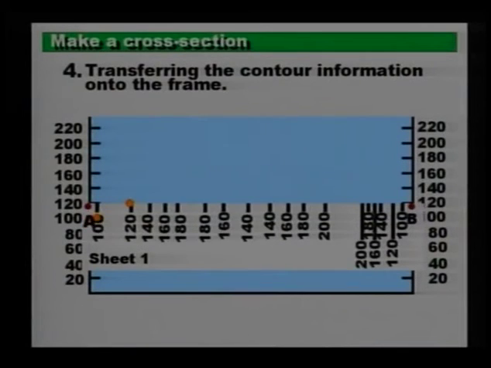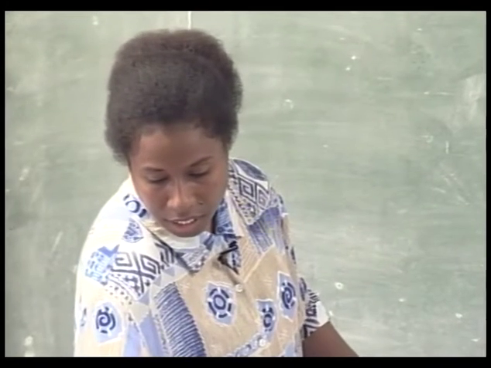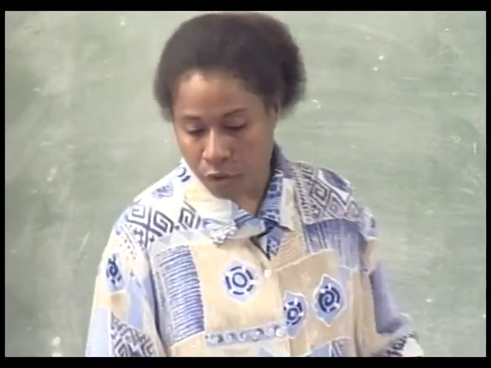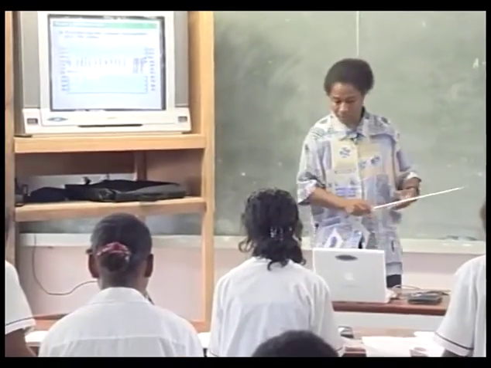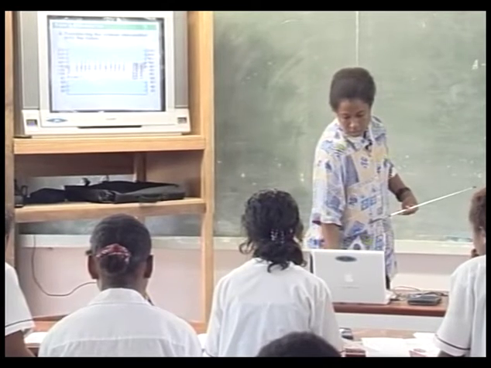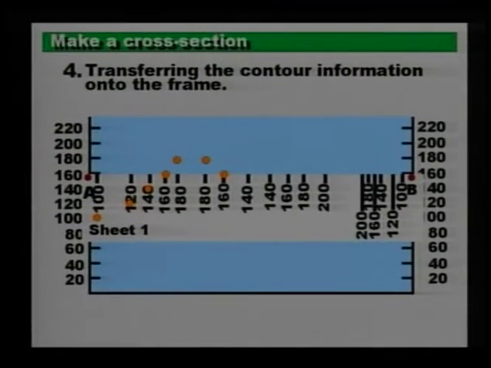Okay, most students have already done the plotting, so we'll check if you had plotted correctly. See the next height from A: 100, 120, 140, and you are climbing as we're going along to 180.